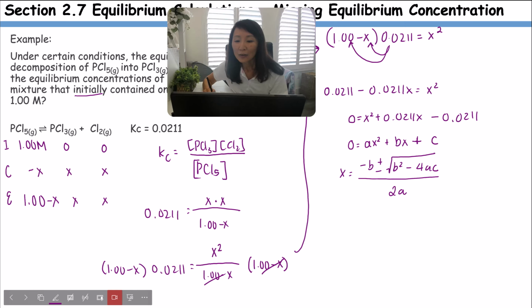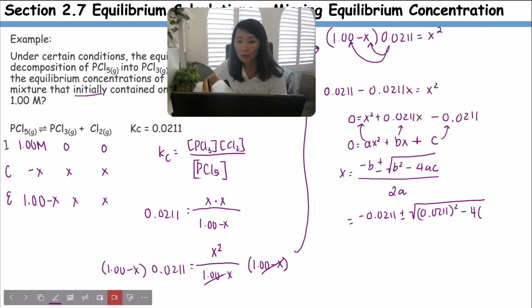All right, so here b represents the coefficient in front of the x, a represents the coefficient in front of the x squared, and c represents the value at the very end. The b is negative 0.0211. I'm plugging these values in right now. 0.0211 to the second power minus 4a.